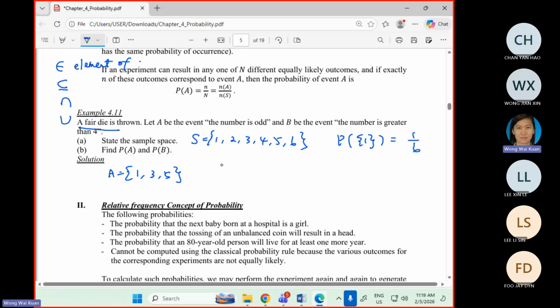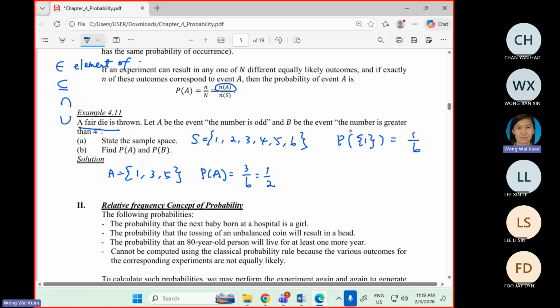Okay, so now if that's the case, what is my probability of A? 1/2, it comes from 3/6 because I have 3 elements. So that's the meaning of n(A): how many elements in A divided by how many elements in S. I have 3 divided by 6. Then yes, you need to put it as 1/2. Number-wise, it needs to be that way.